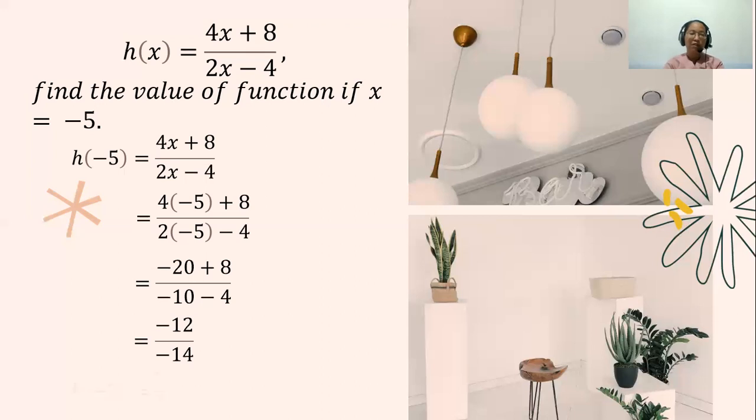Thus, the value of h of negative 5 is equal to 6 over 7. Actually, in evaluating functions, you can use your calculator, of course, anytime. Let me now proceed with the third example.